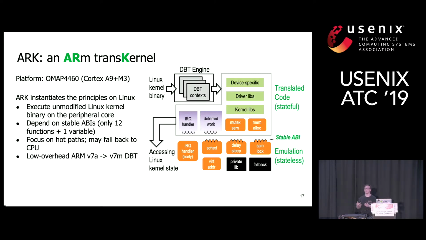They are stateful because we want to maintain a single instance with the kernel. They include driver-specific code, driver library, kernel library, IRQ handler, and deferred work, which is the bottom half of the IRQ handler. Underneath are the emulated kernel services we provide. They communicate with the translated code through this stable interface. These emulated services are small in number: 12 functions plus 1 variable.